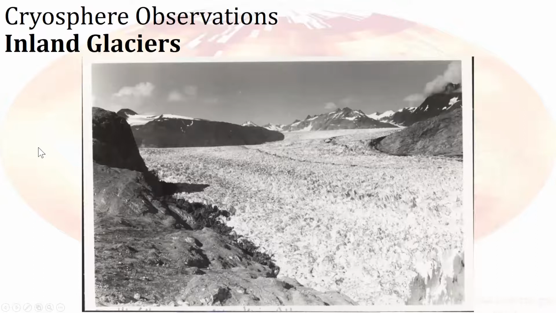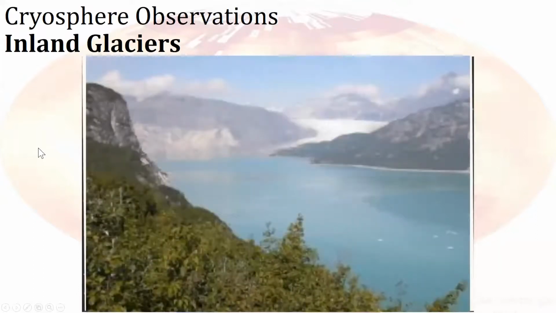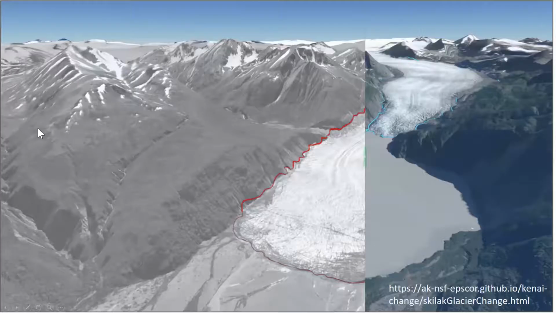So this is the Muir Glacier that the book talks about, and it's significant, right? And then we can do this. We did this for Kenai. And what we did was we looked at Skilak Lake, which is just south of Anchorage. You're going to see a lot from there.